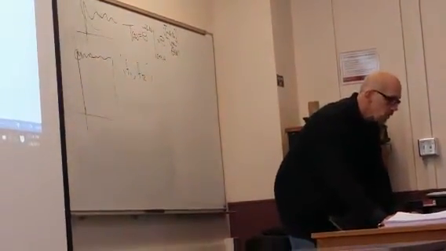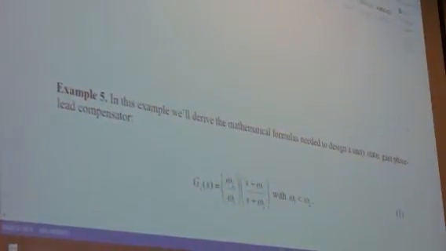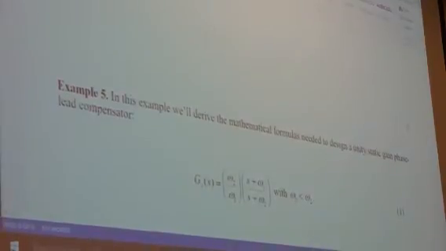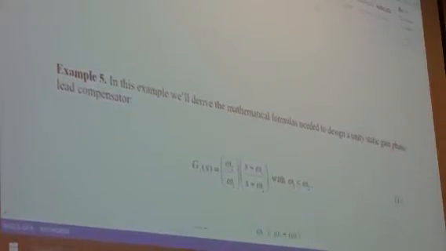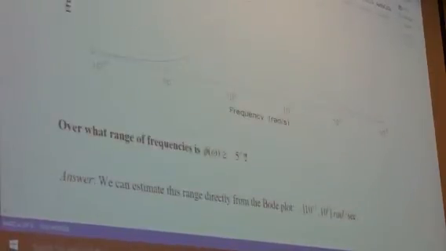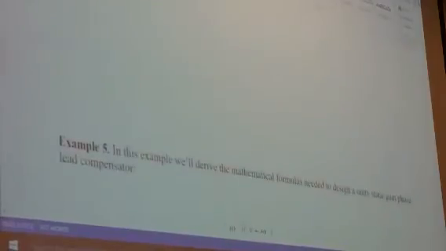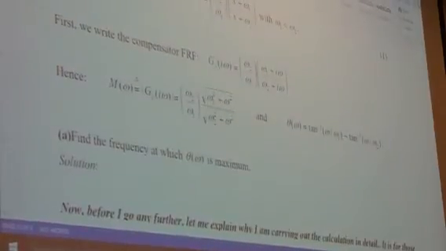So in the last class, we ended up with this: deriving the mathematical formula needed to understand this compensator. And now, there is a disclaimer here. Where is it? Yes, there it is.